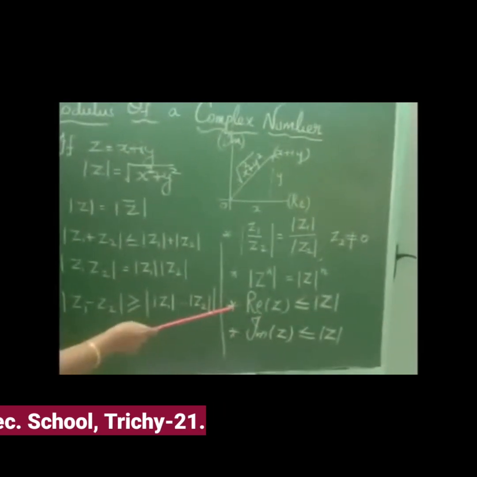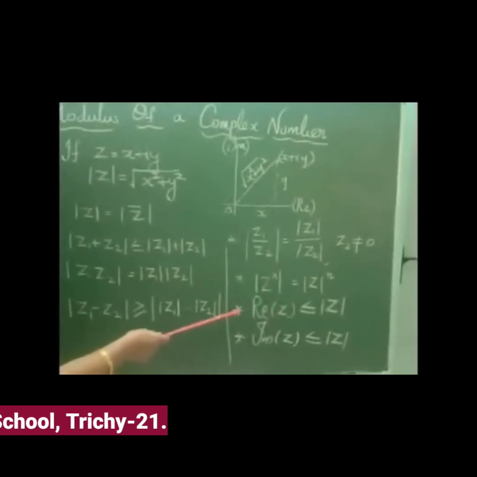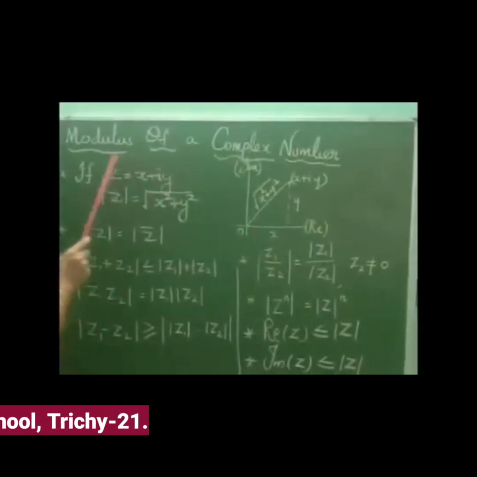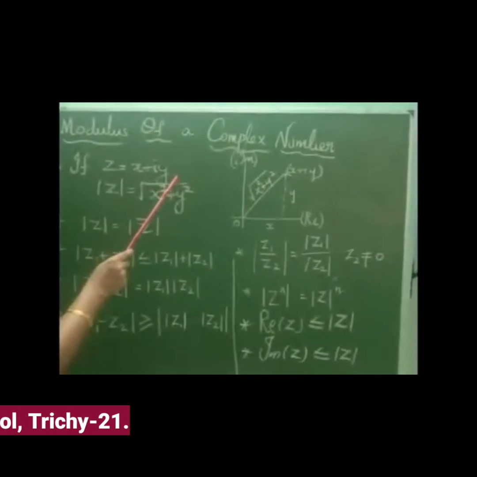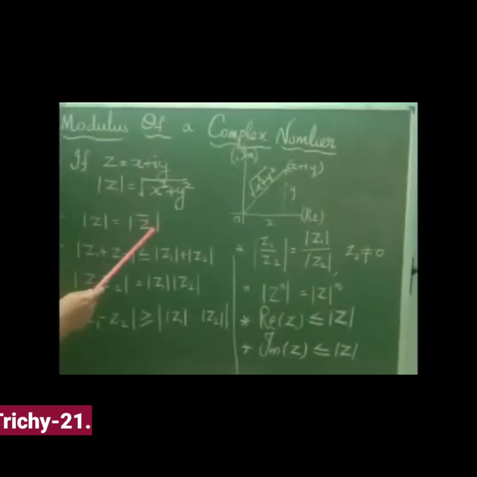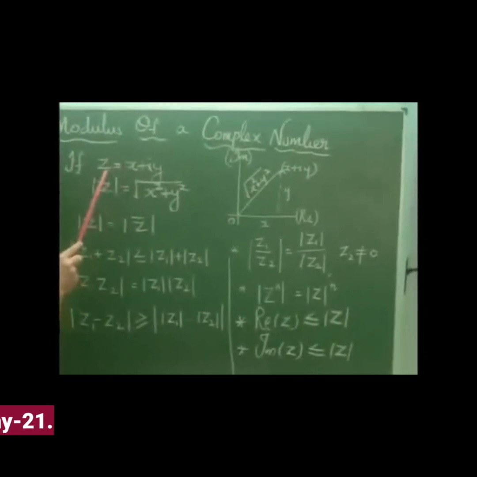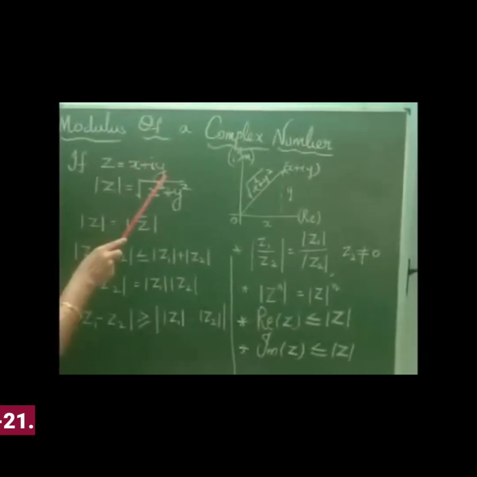Then the next one, real part of z. You know how to find the real part of z. If z is equal to x plus iy, what is the real part of z? Already we discussed this in the class. So the real part of z is only x. The imaginary part of z is only y.